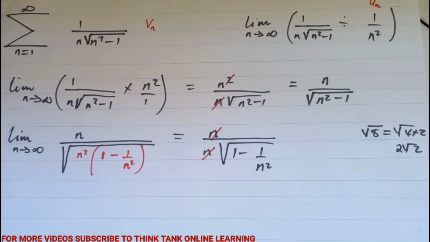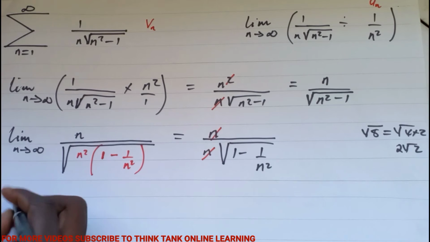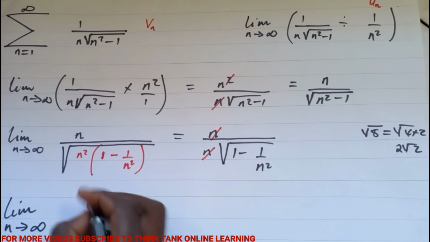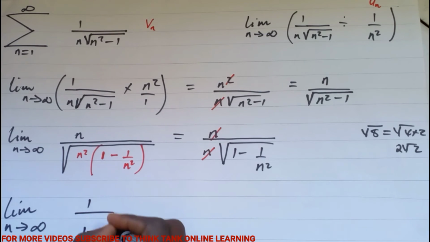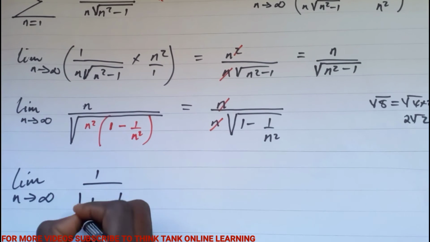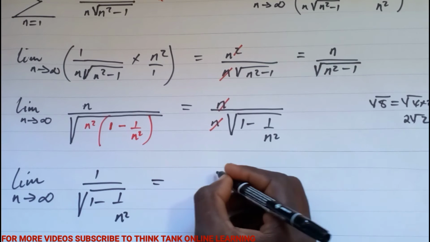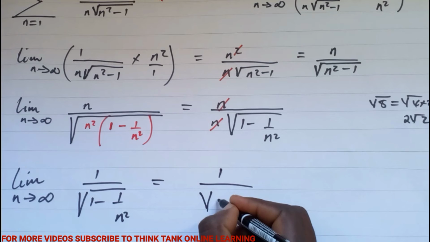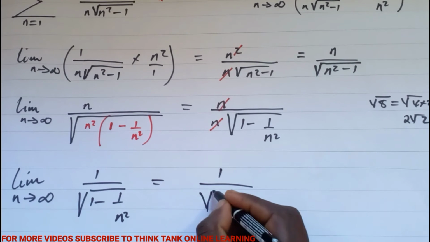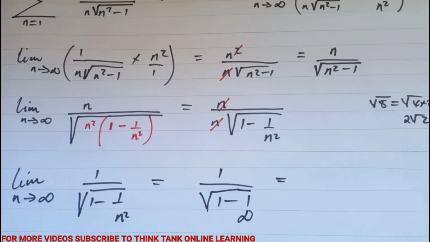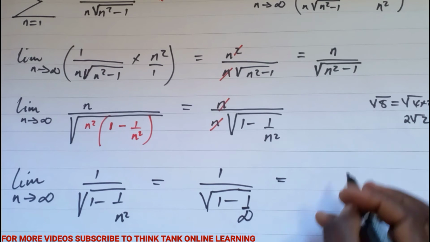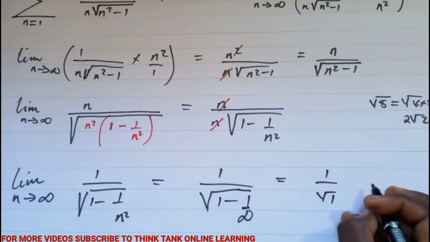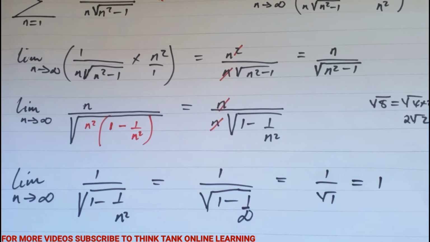So we're going to say the limit as n approaches infinite of 1 over 1 minus 1 over n squared. So I'm going to say 1 over 1 minus 1 over infinite, and you know that any number over infinite is 0, so we have 1 over root 1, and we have 1.